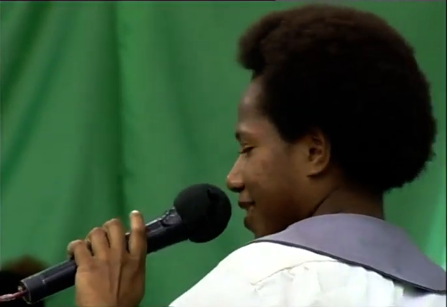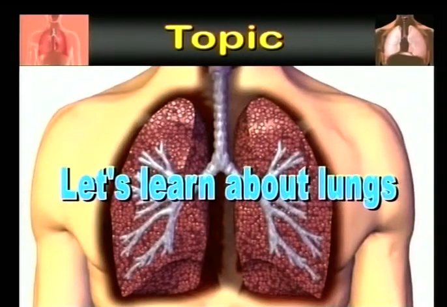Where does this oxygen go to in our body? Which part of our body? To our lung. That was the answer I was thinking of, and that is our topic for today. Thank you, Tara. Our topic for today, students and teachers, is lungs. Let's learn about lungs. I hope you have your materials there for today's activity.